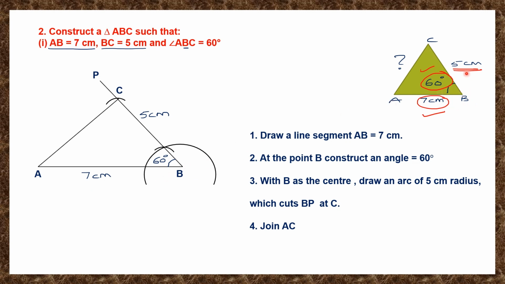And BC is 5 centimeters. Now, we don't have the measurement of AC and we have not been asked. If we are asked the measurement of AC, then with the help of your ruler, find that measurement. So, triangle ABC that you can see here is the required triangle.